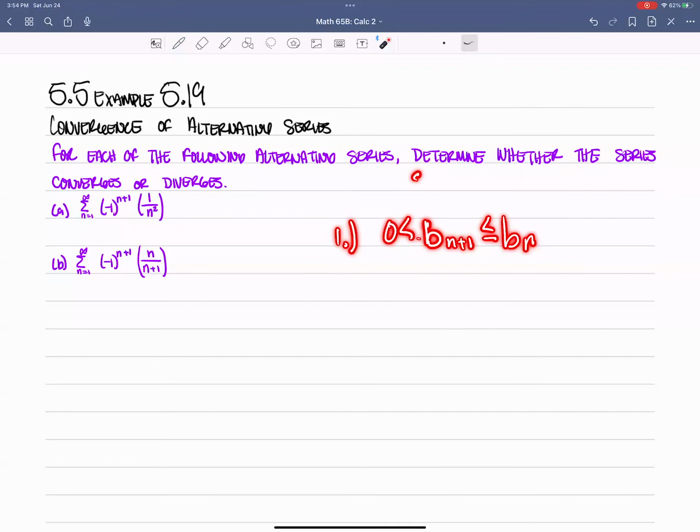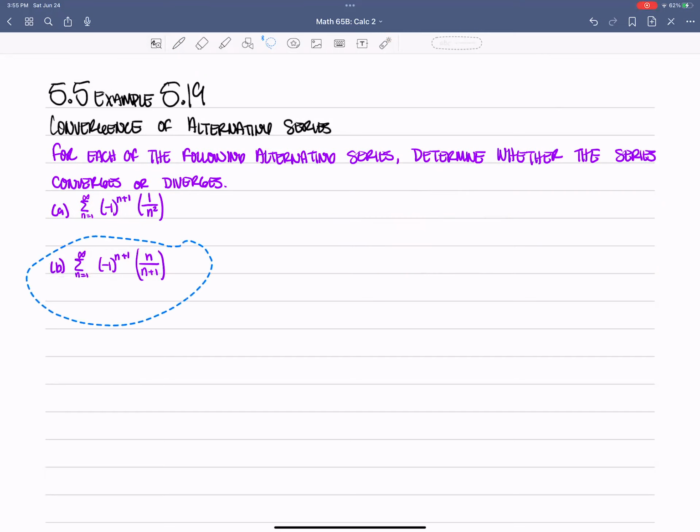And b sub n is identified kind of like the absolute value of the alternating series. Once we've satisfied that, we look at the limit as n approaches infinity of b sub n. If it equals 0, then it converges. But if any of those are not satisfied, then it doesn't converge.